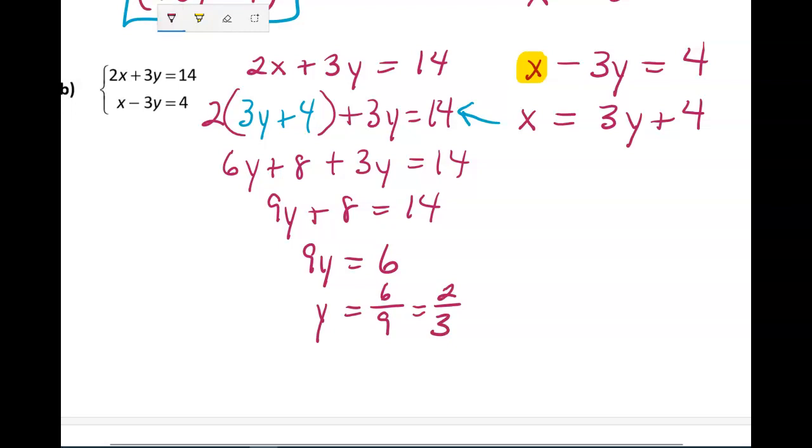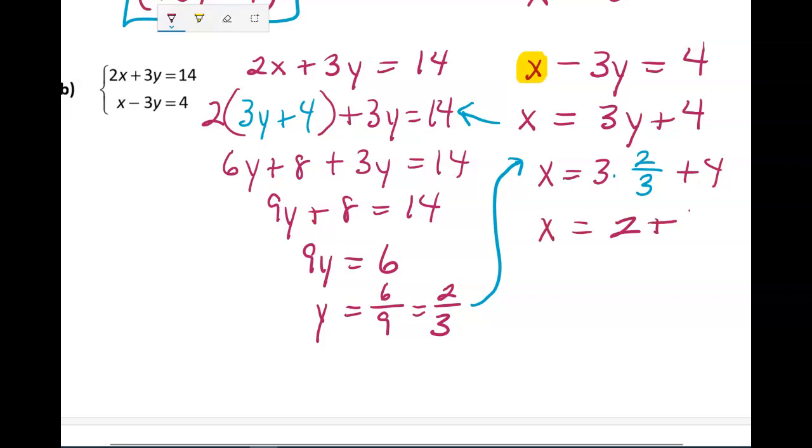We always want to simplify our answers. And we're going to take that result and replace the y in that second equation with the number 2/3. So x equals 3 times 2/3 is 2, plus 4 is 6.